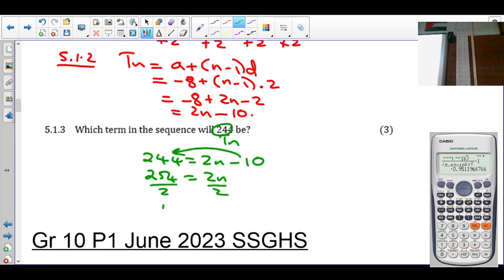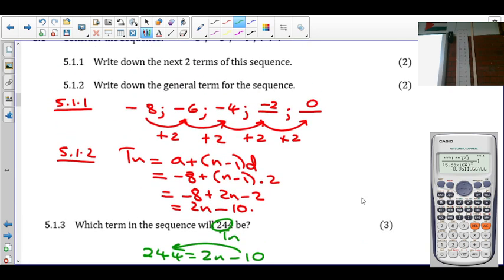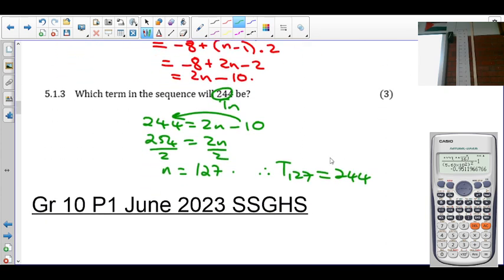Divide by 2 on both sides, therefore n is equal to 127. So therefore, the 127th term is equal to 244. You guys understand? Okay. Let's do the next one.